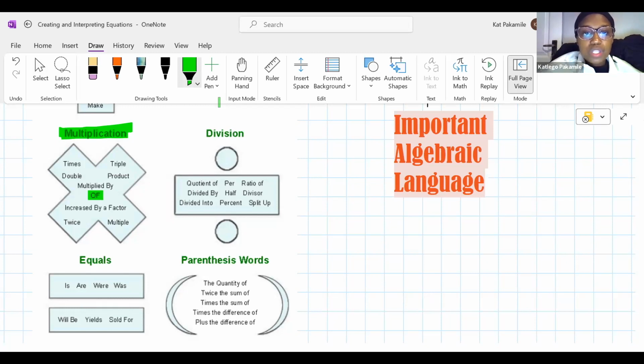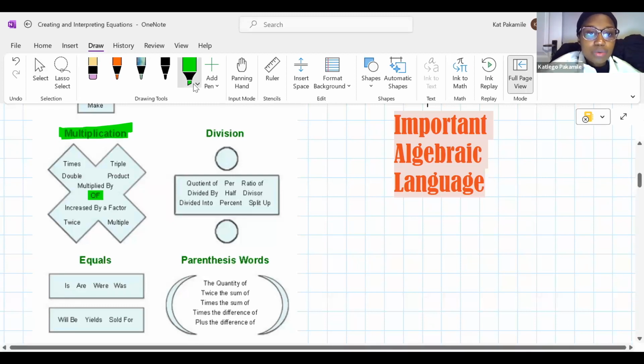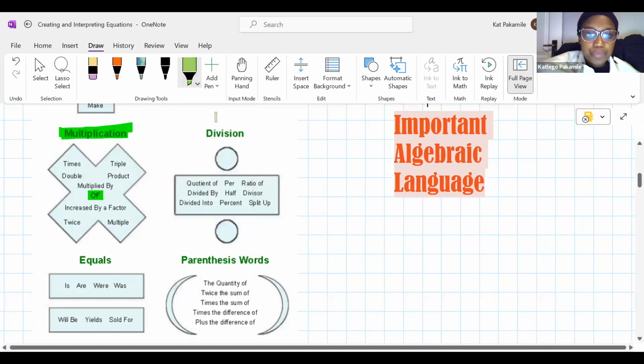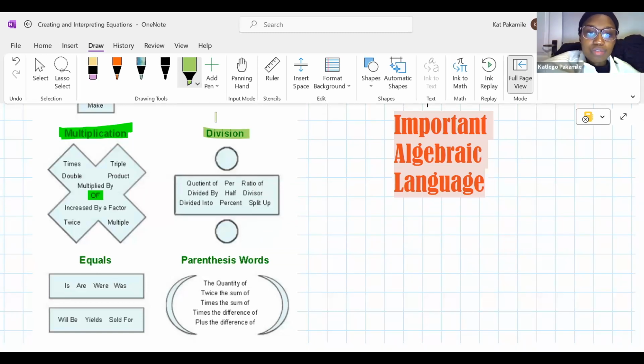So these words are very important to know, guys. Division. The words associated with division are quotient, per, ratio, divided by, divisor, divided into, split up. Those are all associated with divide.